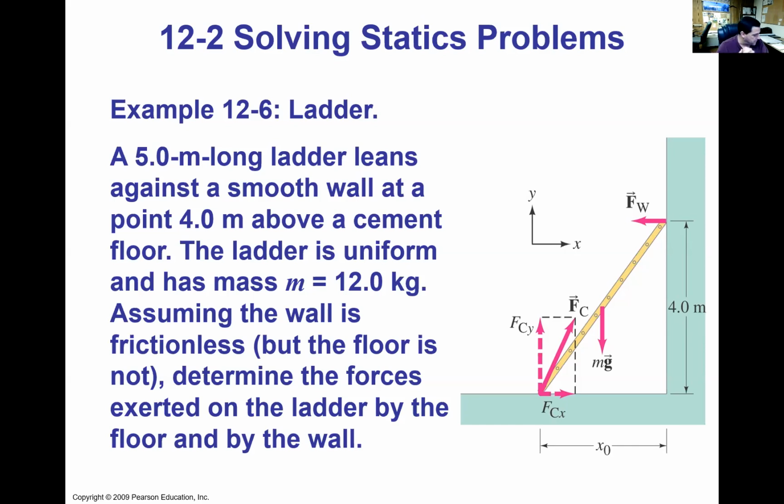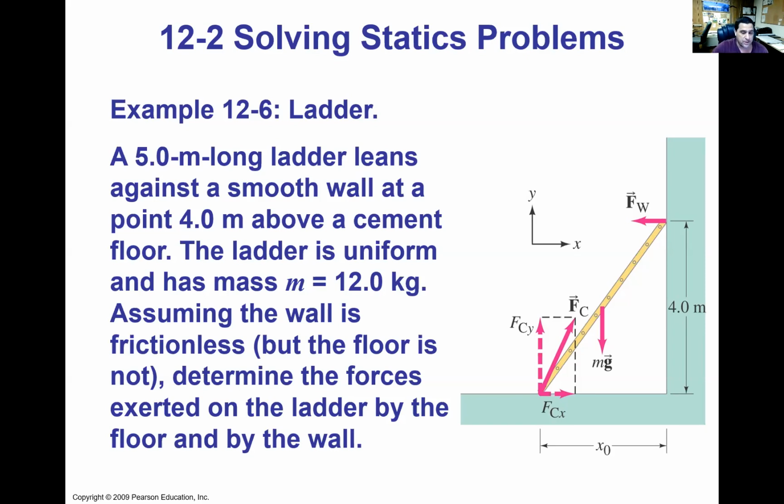Where do I want to sum my torques about for this problem? If I sum the torques up here where the two walls meet, then I have to deal with my reaction force at the wall, one of my reaction forces in the Y here, not in the X because it'll be parallel and the lever arm will be 0, and FC. If I do it up here at the wall, I have to deal with the ladder, and now I have to deal with both of these forces, which I won't know.